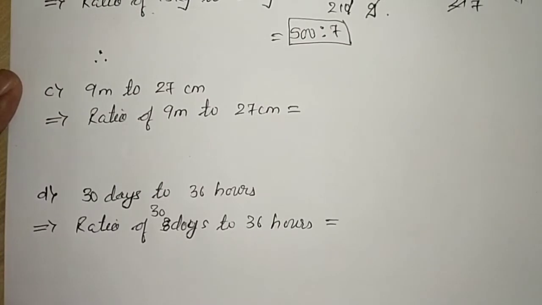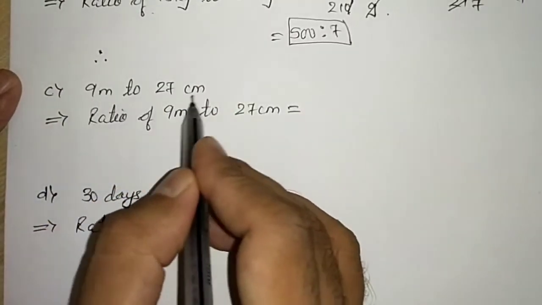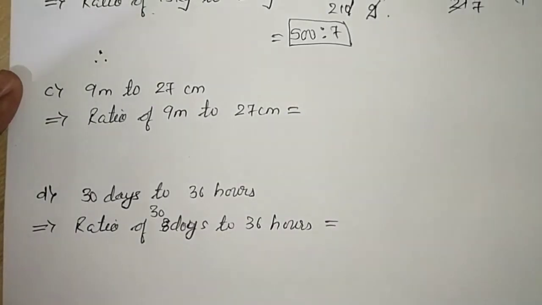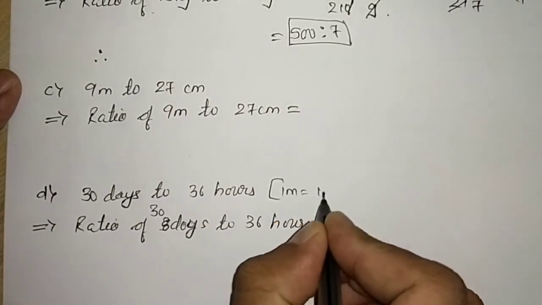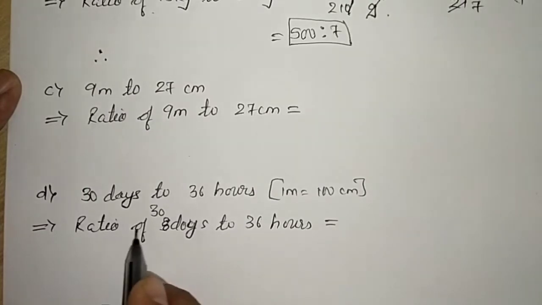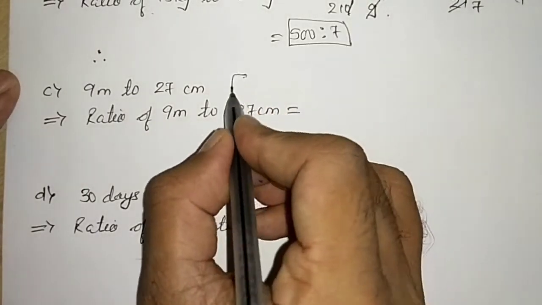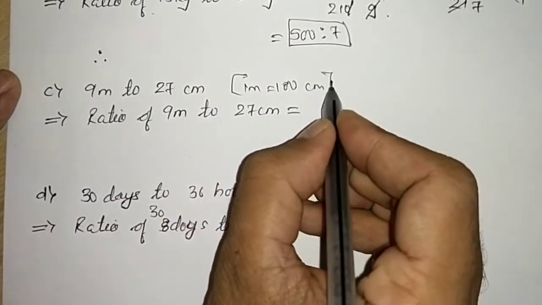Now, 9 meter. We want to find the ratio of 9 meter to 27 centimeter, and you know that 1 meter is equal to 100 centimeter. So here we have to write 1 meter is equal to 100 centimeter.